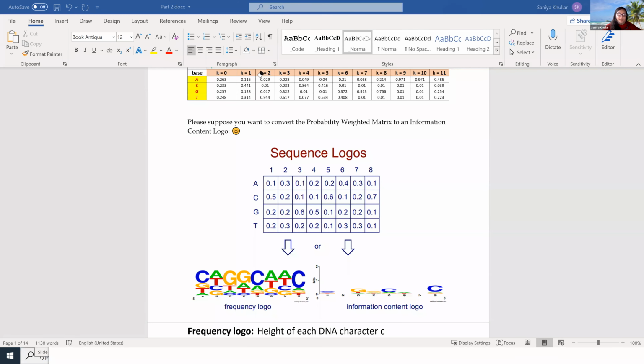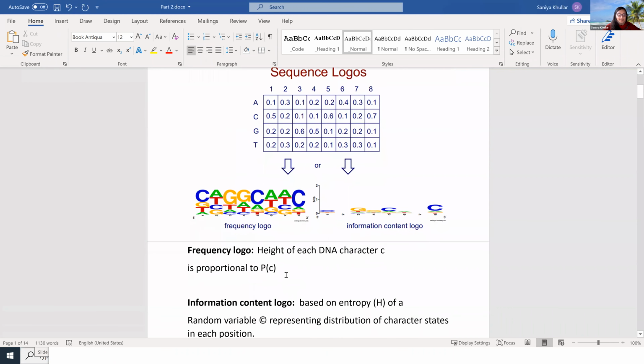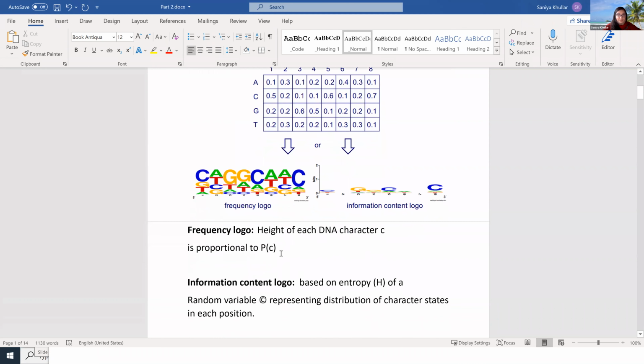So what we have in the frequency logo is the height of each character. The height of C is proportional to the probability of C. So this height is proportional to this. If you think of what this y-axis is measuring, it's just measuring the probability of a given base.